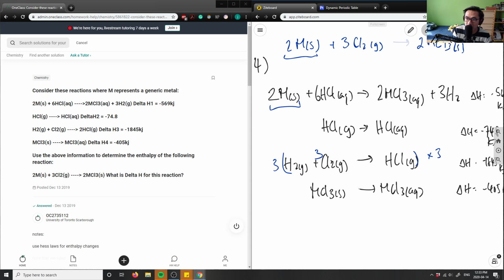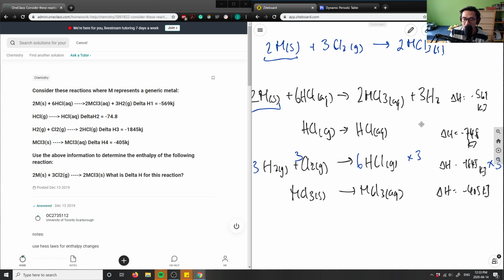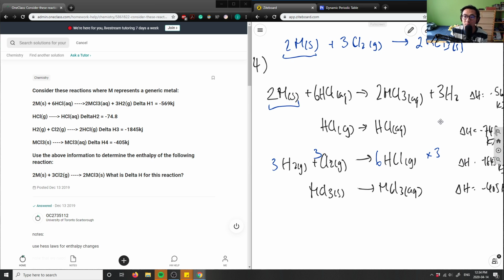Because I'm multiplying this entire equation by 3, so this is 6 now. And that's going to get me, so I can delete these brackets here. And so I multiply by 3, which means my enthalpy multiplies by 3 as well. So that's good. I have 3Cl2 now.